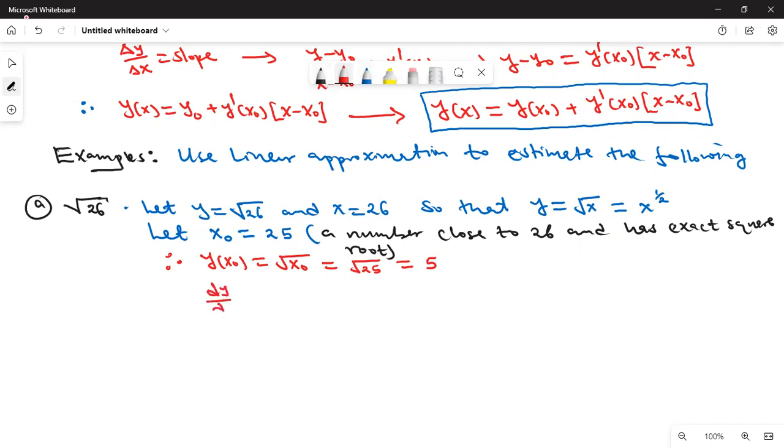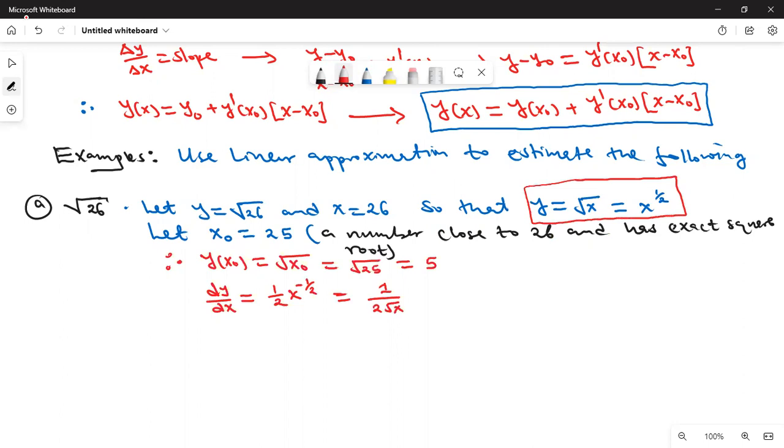So you again calculate dy dx. Let's differentiate this function. dy dx will be 1 over 2 times x raised to negative 1 over 2, which you can write as 1 over 2 root x.